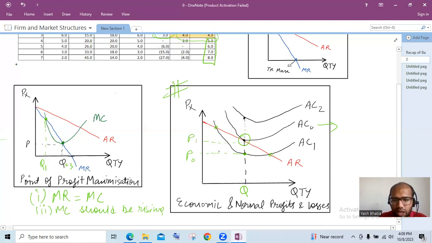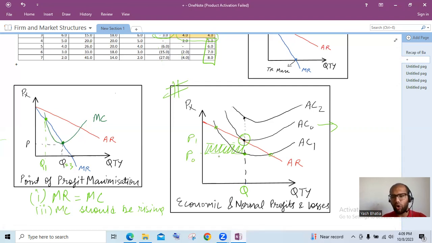So this portion here is your profit, right? Your cost curve is below the revenue curve. That means you're in profit, right? So this green highlighted portion is the profit that you're earning. This portion in this graph is known as economic profit.